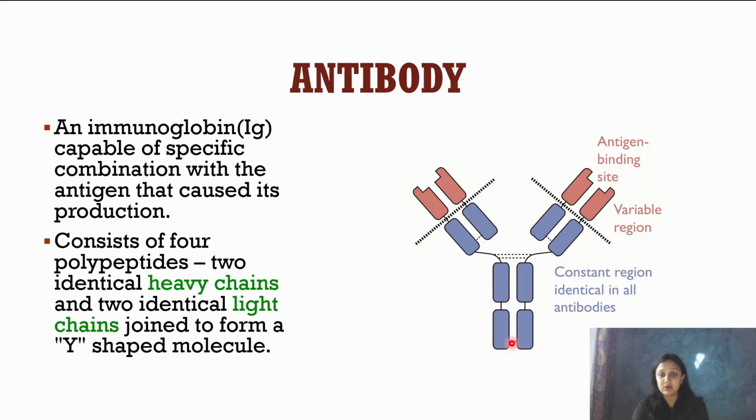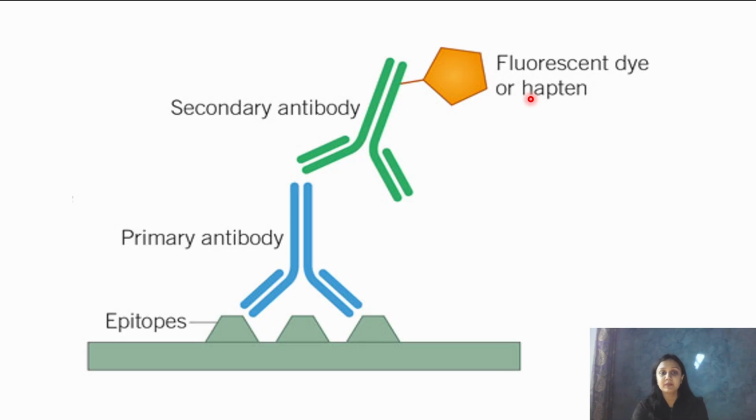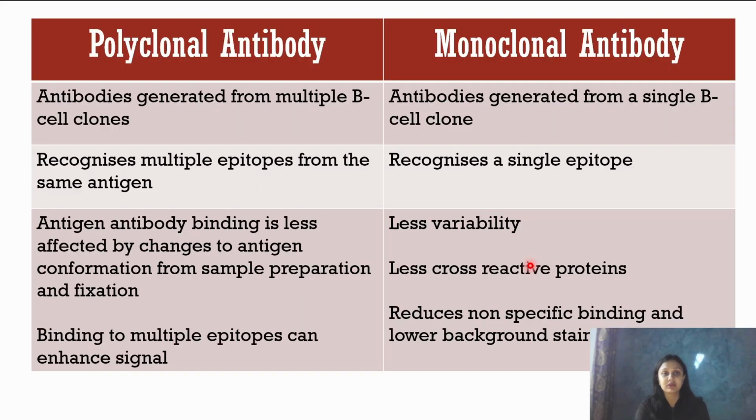This stays constant in all the antibodies. Only this particular region, which is the antigen binding site, differs from antibody to antibody. Now, these are your epitopes. This is your primary antibody, secondary antibody, and the fluorescent dye or hapten which is attached to the secondary antibody. We'll talk about this further.